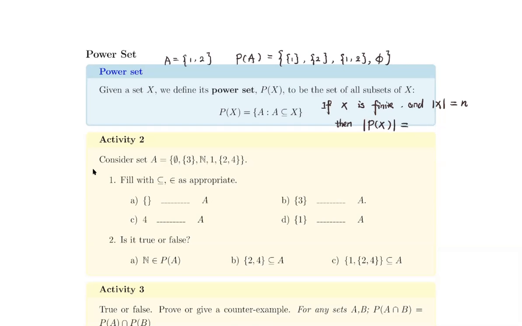Anyone know? 2 to the power of n, exactly. This is what you should know as well. You can prove this by induction. You can try to prove it yourself. I think the proof is in the course notes as well.